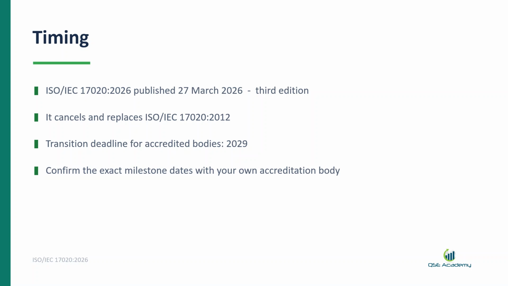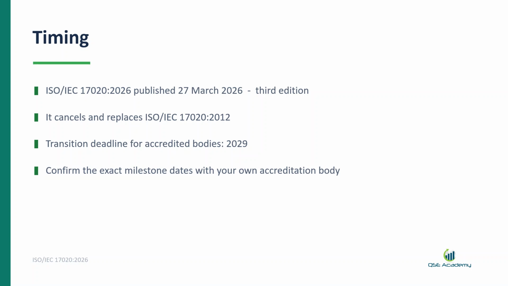And timing, briefly. The 3rd edition was published on the 27th of March 2026, and it cancels and replaces the 2012 edition. The transition deadline for bodies that are already accredited is 2029. But I want to add one honest caveat here.